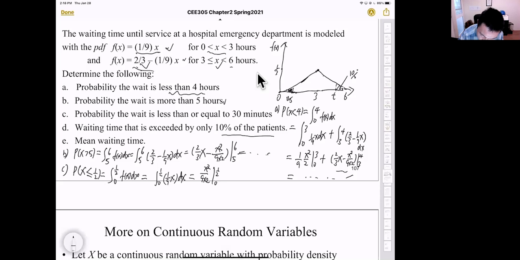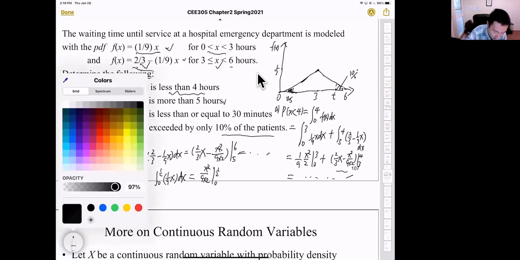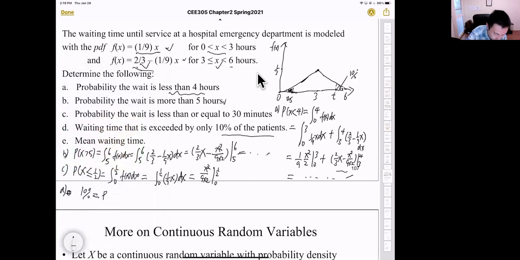So the area under the curve between t and 6 will be 10% or 0.1. Again, the area under the curve is probability. Right now the probability is 10%. So 10% equals P(X larger than t), and we try to find out what t is.